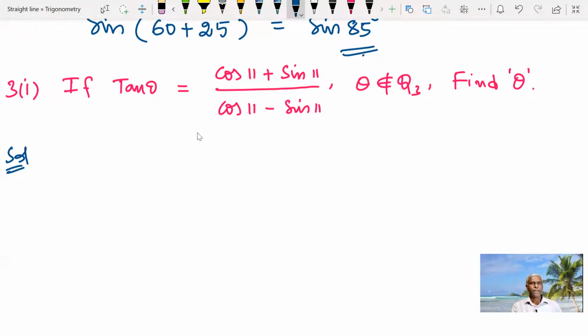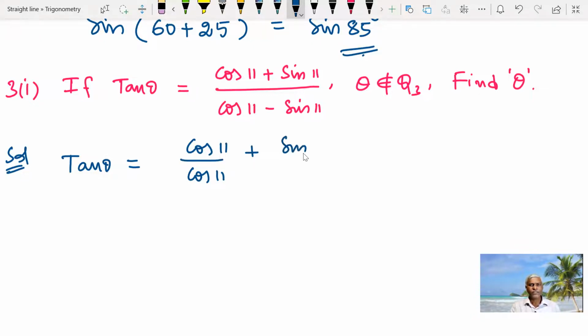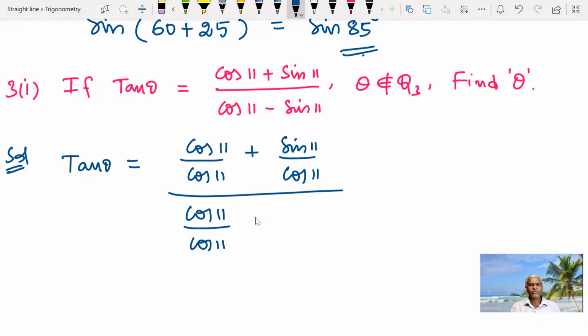Now dividing the right side, each term by cos 11. I am dividing all terms by cos 11: cos 11 by cos 11, sin 11 by cos 11, in numerator and in denominator also.